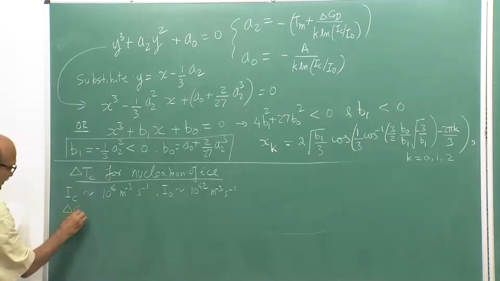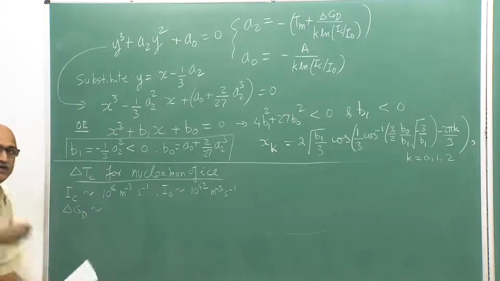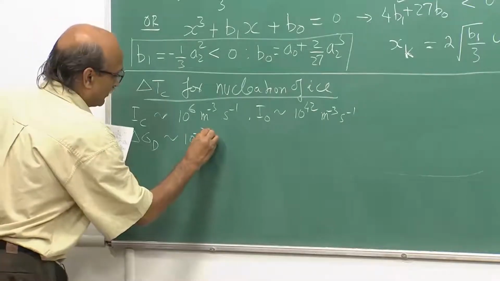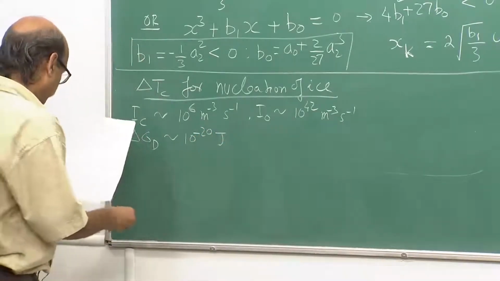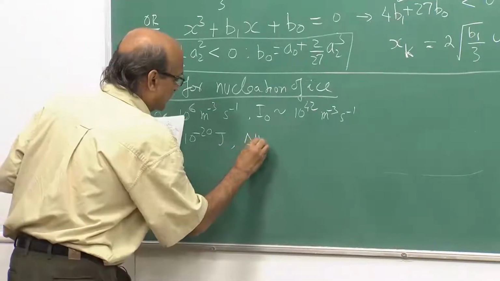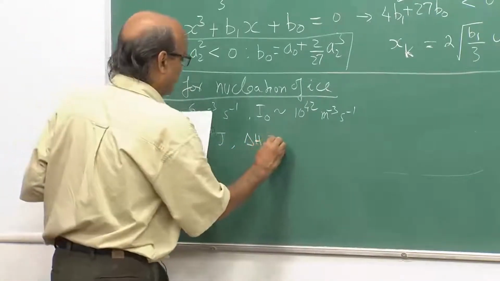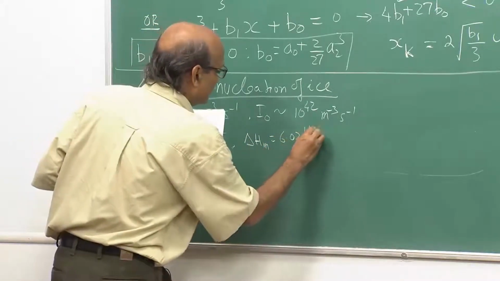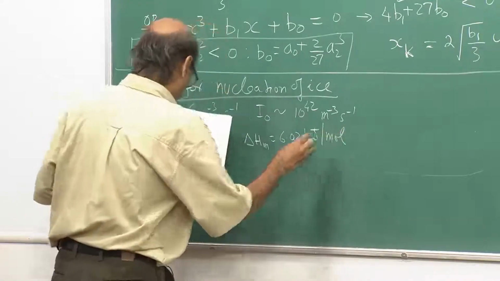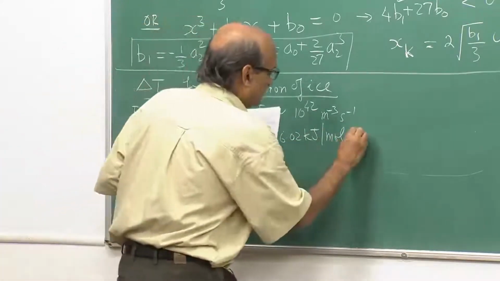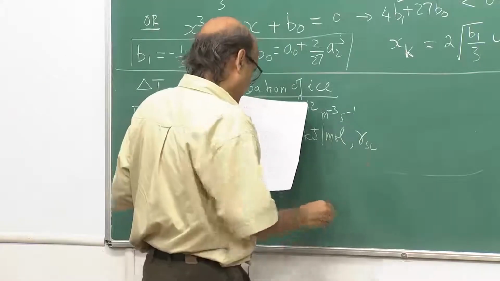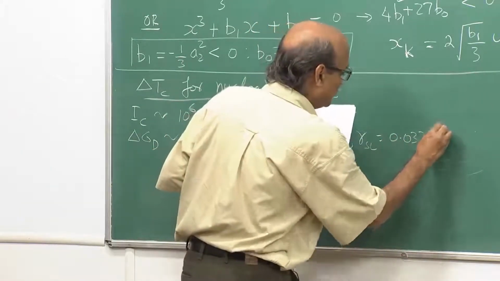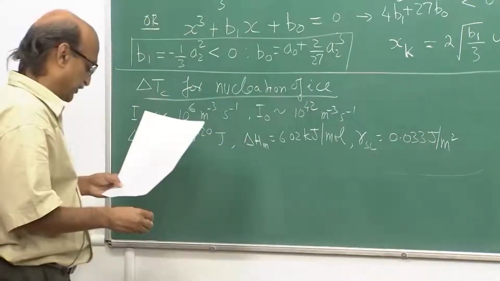Delta GD for this system and for many other systems is of the order of 10 to power minus 20 joules. Delta Hm, as we had taken earlier for the system, is 6.02 kilojoules per mole. The solid liquid interface energy is 0.033 joules per meter square.